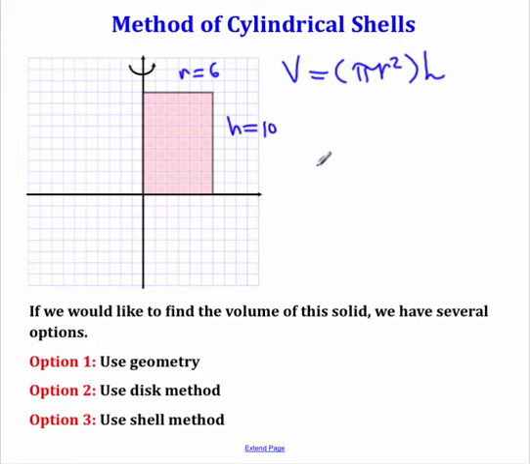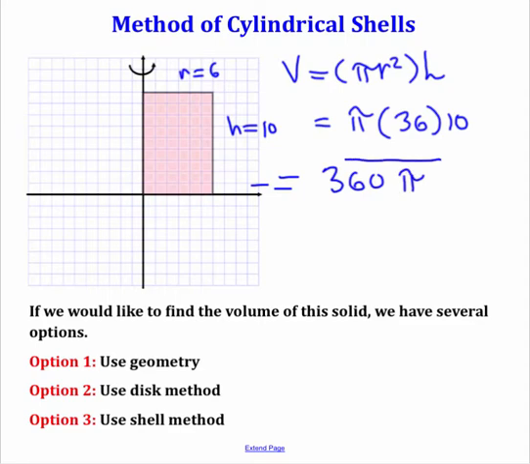So we don't truly need calculus to find the volume, but this is a great way to check that our answer at the end will be correct. So 36 times 10, so 360 pi would be our volume. When we start using calculus to set up integrals and using our calculator, this would be a great way to double check that we are on the right track.